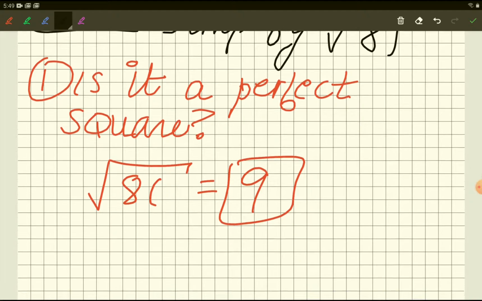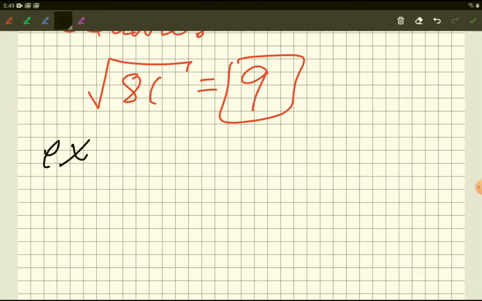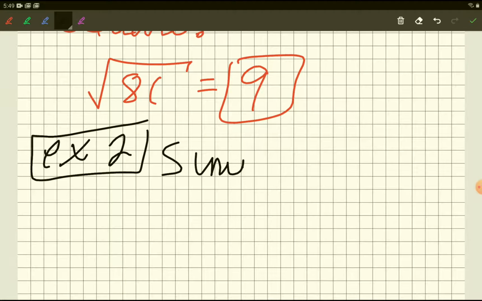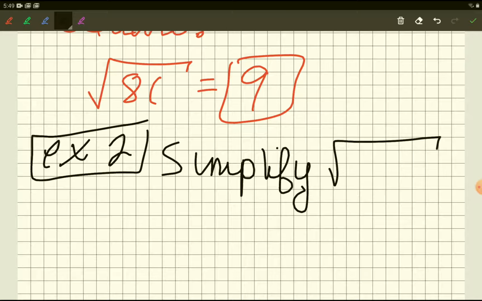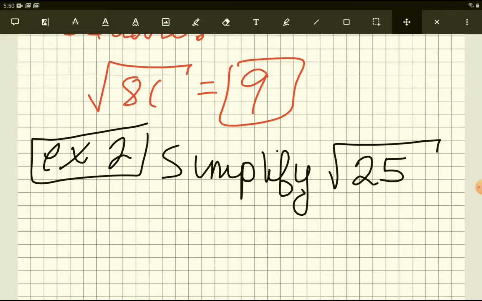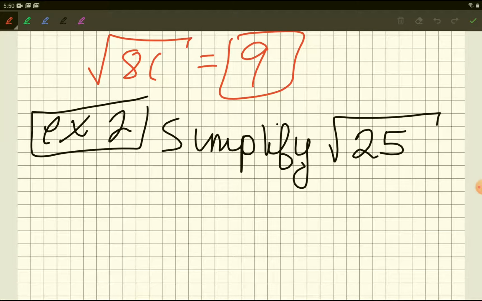So let's do one more. Example 2, it wants you to simplify the square root of 25. And so remember, your first move should be, is the number on the inside a perfect square? And it is.